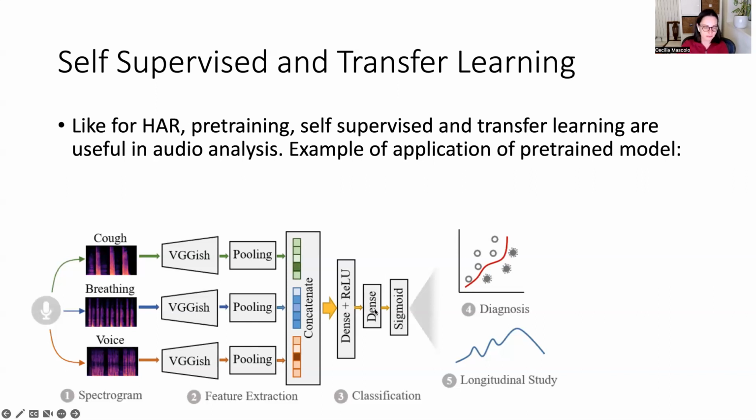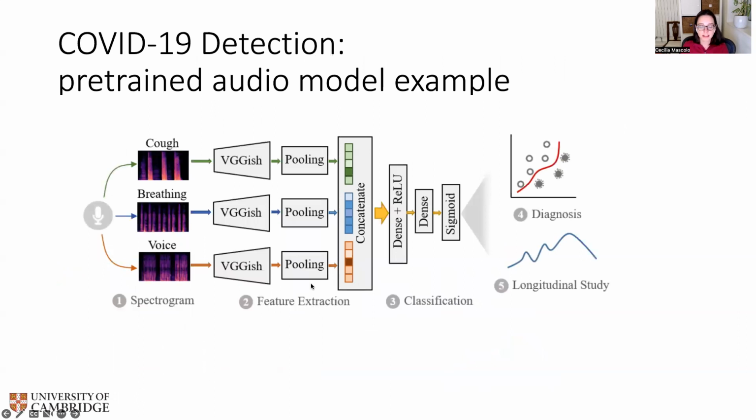I won't talk about the longitudinal study. If you're interested in knowing what this is about, we've actually used it to detect COVID-19 at the time. We did a large data collection, which is used by many other researchers. You can find more on my webpage or on covid19-sounds.org.